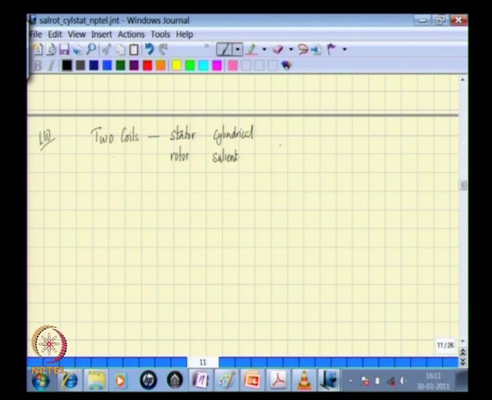For this we were trying to determine the mutual inductance between the stator and the rotor coil, which we can call MSR.